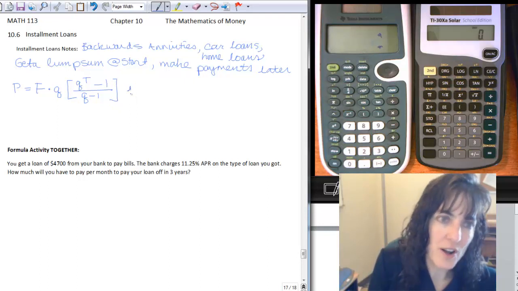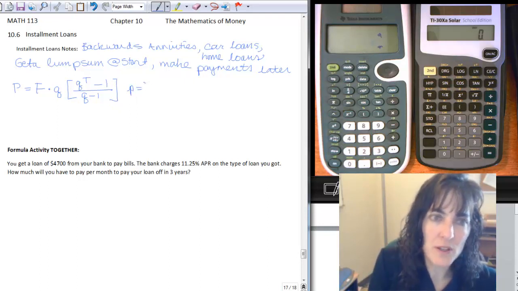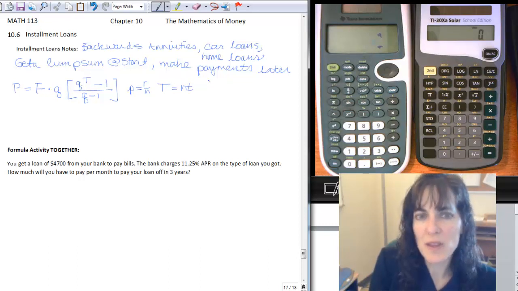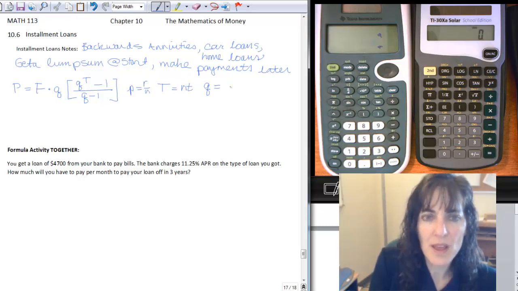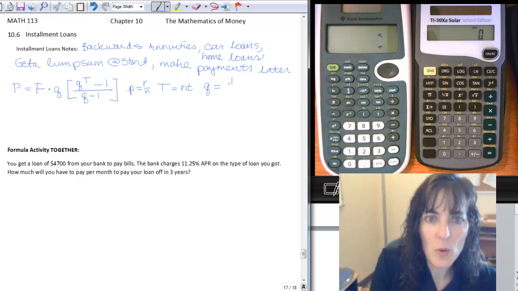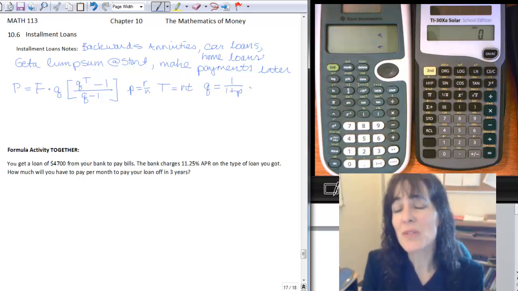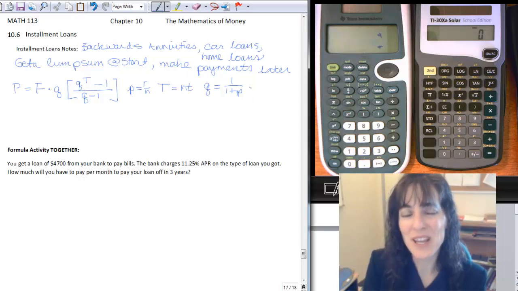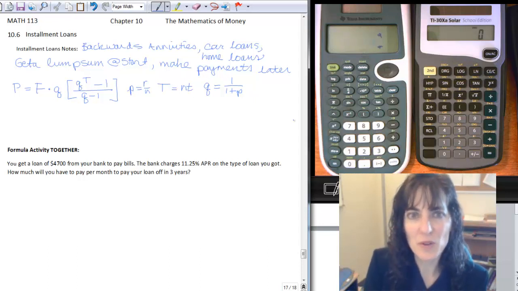Our little p is the same as for annuities, it's R over N. Our capital T is the same as for annuities, it is N times T. The new thing is our q, which stands for 1 over 1 plus that little p. So we have 3 things that we calculate before we can do anything with our formula.